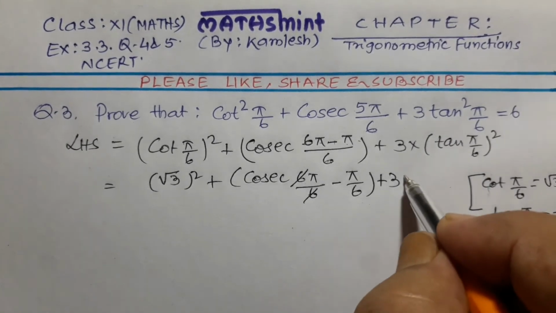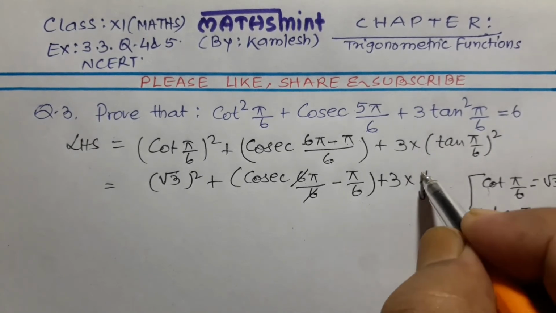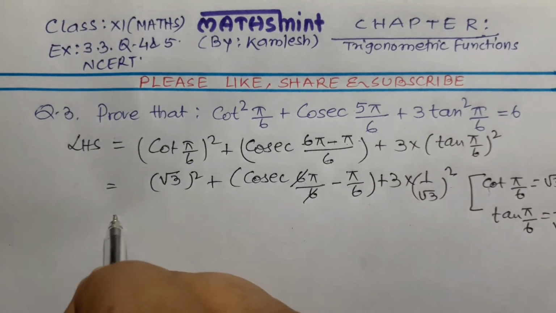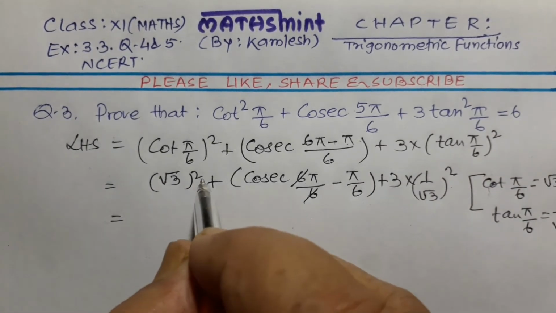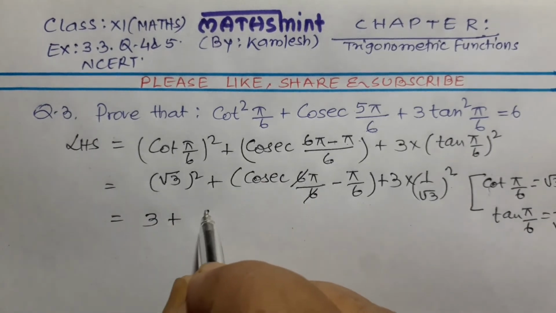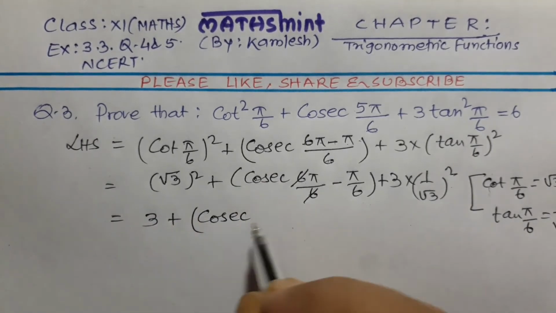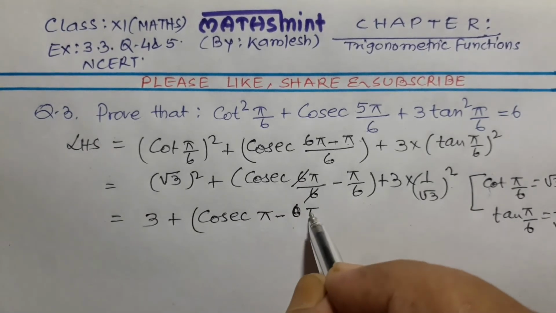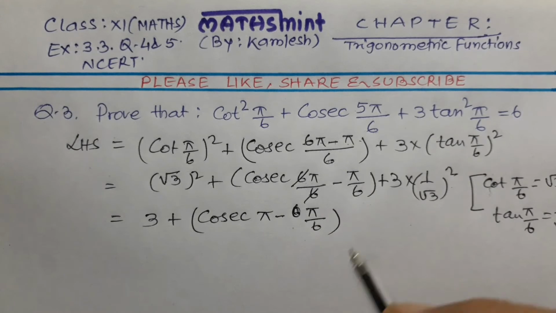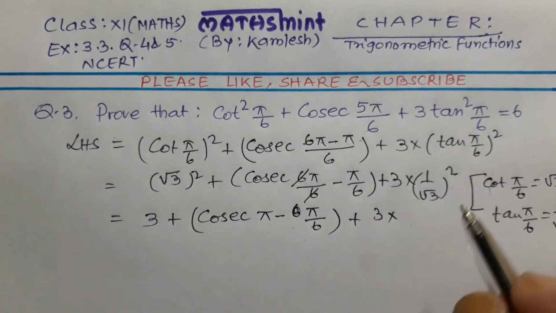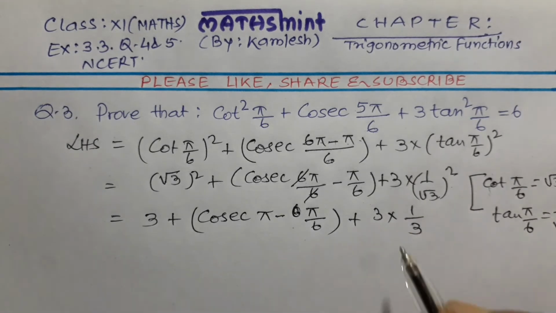So we are writing 1 by root 3 square. This root will be cancelled by a square, so it will be 3 plus cosec pi minus pi by 6 plus 3 into 1 by 3. So this 3 and this 3 will be cancelled.